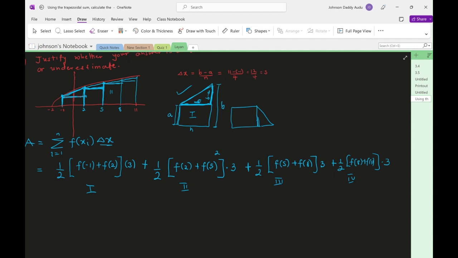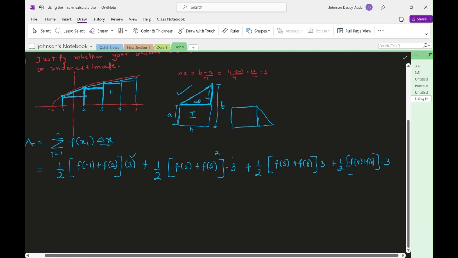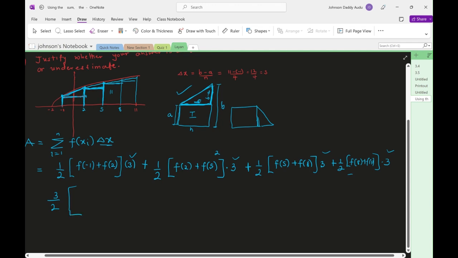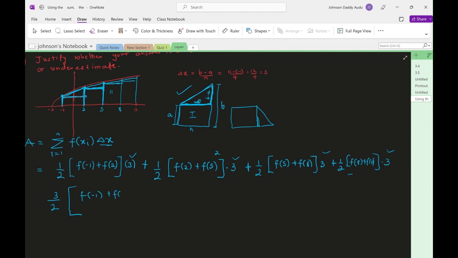Okay, so what are we going to do? To make it very easy, you see that you have something that is common. What is common? You see that this 3 is common, which is our delta x. And also you see half is common. So you can take 3 over 2 outside as a common factor. So you just have f of minus 1 plus f of 2, then plus, here you have f of 2 plus f of 5, right?